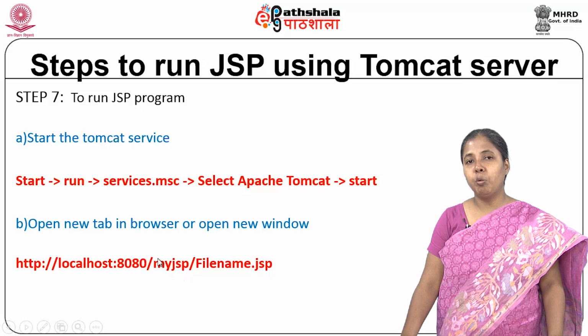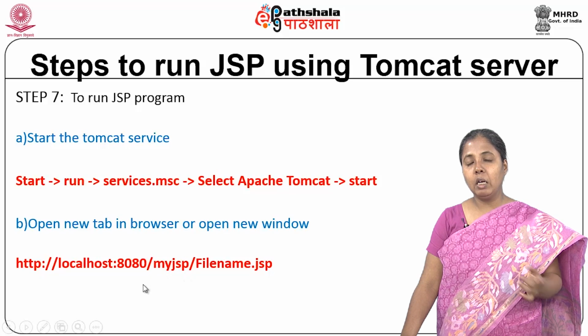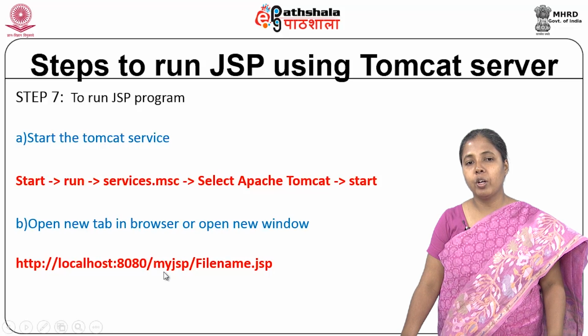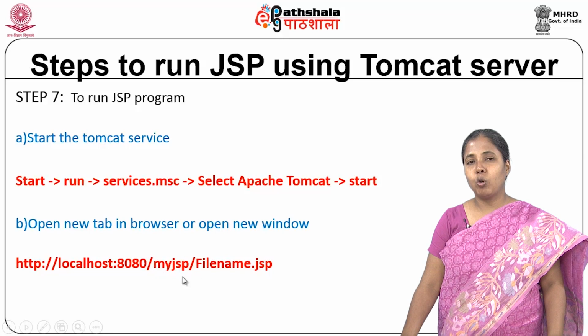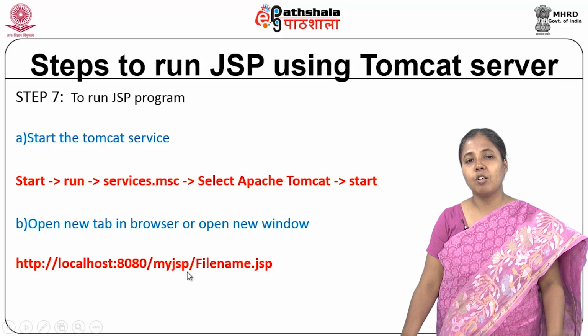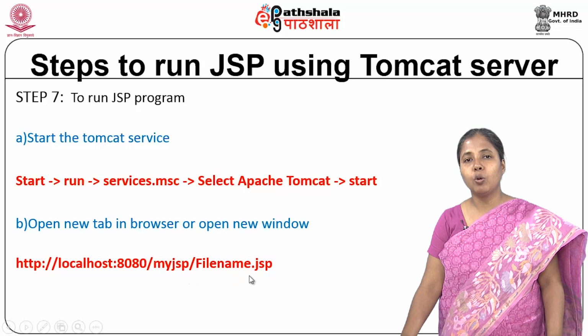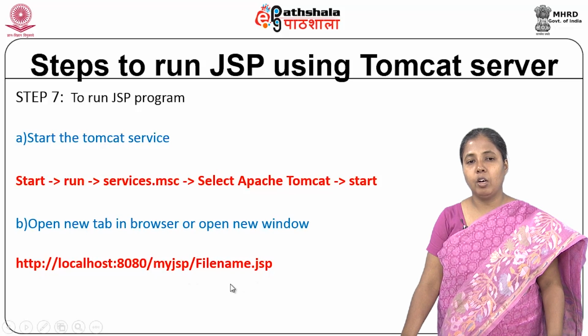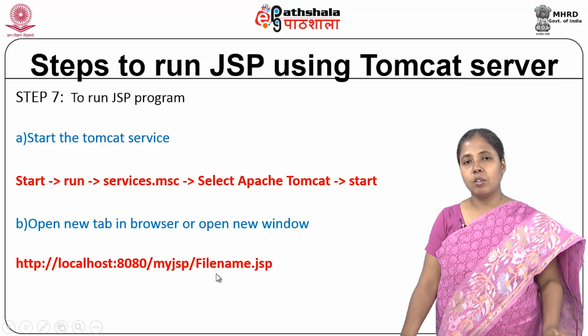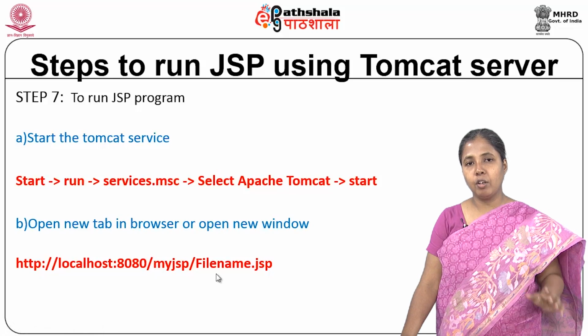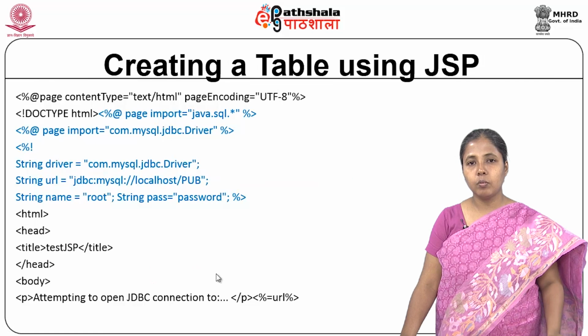This should be available within your webapps folder. Within this webapps folder you would have a folder called myJSP, and within this myJSP you have the JSP file. So now you can directly click the JSP file and it would get executed.